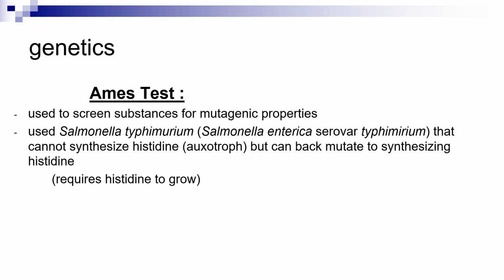They can remutate that organism so that it goes back to the original, which seems a little odd. But if we think first about what we're starting with, in order to grow the Salmonella, our medium has to contain histidine.